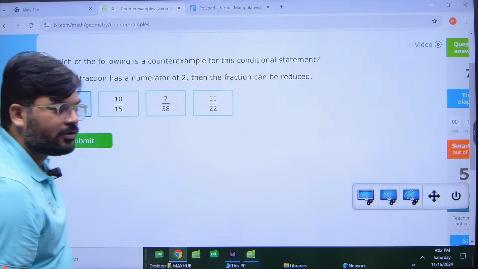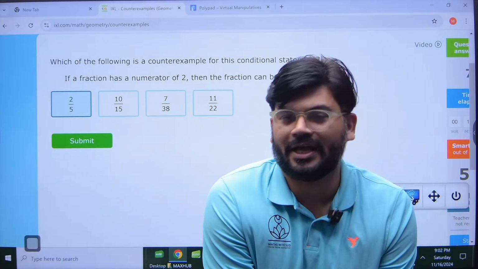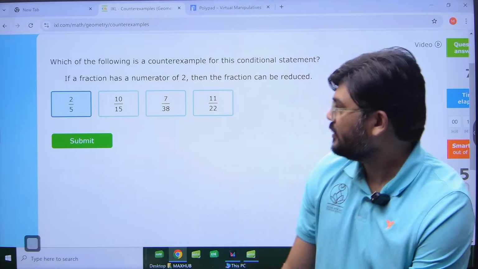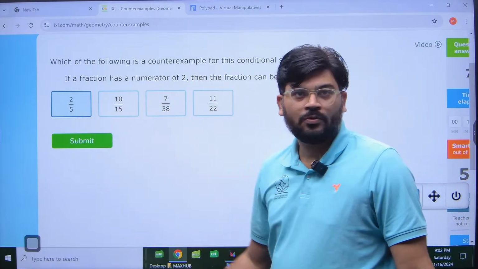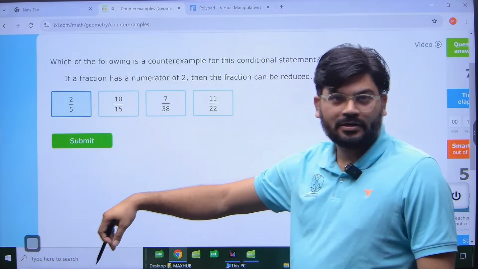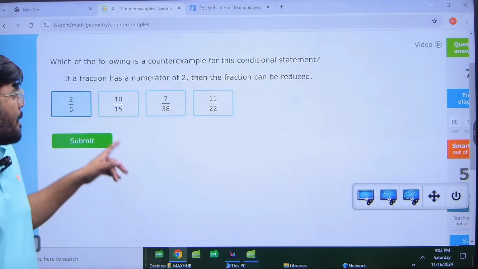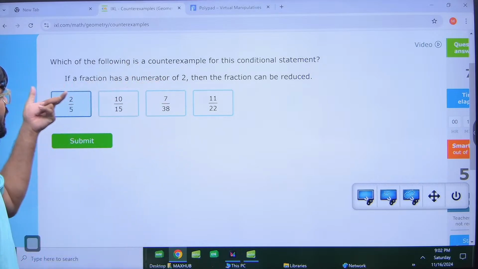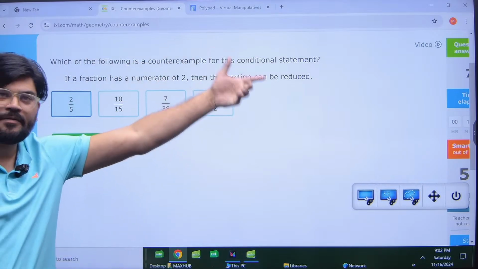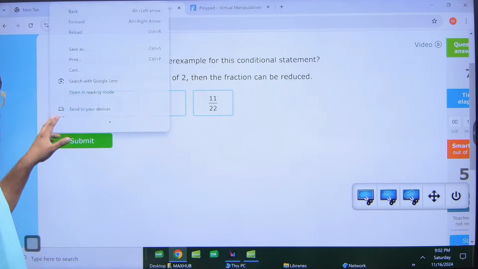You cannot divide 2 and 5 by any common factor. It has a numerator 2 and it is in the lowest form only, reduced form. You cannot reduce it. Are you getting it? Yes, sir. But they are saying if it has a numerator 2, then the fraction can be reduced. No, it cannot be reduced. You can see it cannot be reduced. Yes, sir.